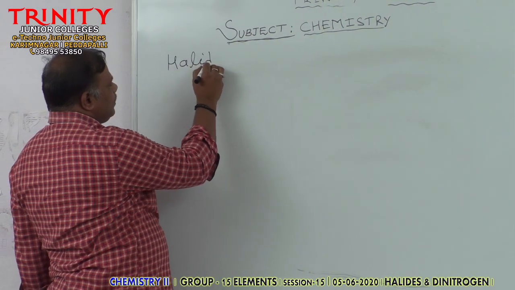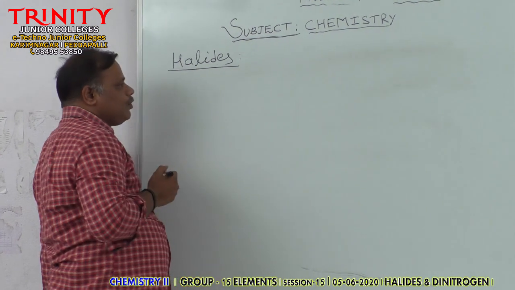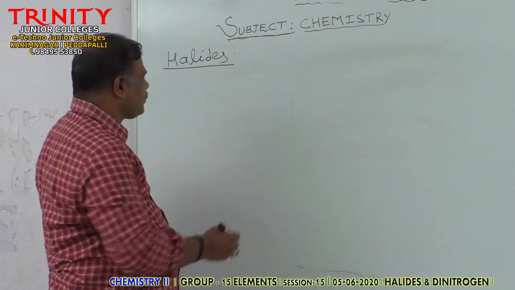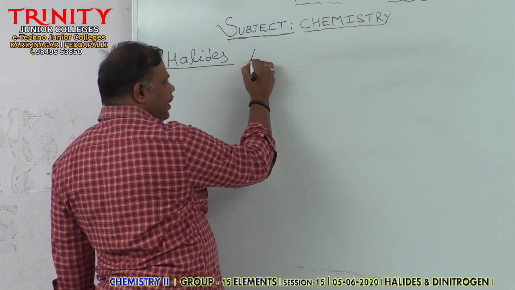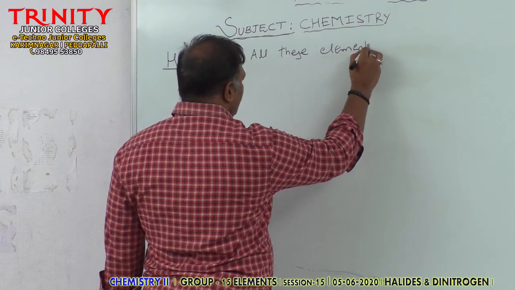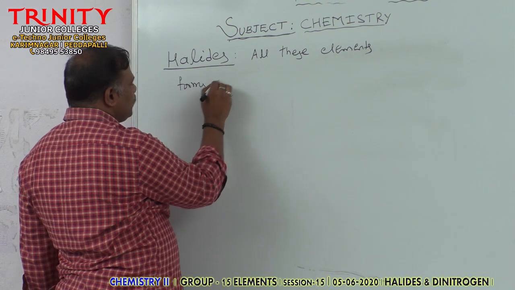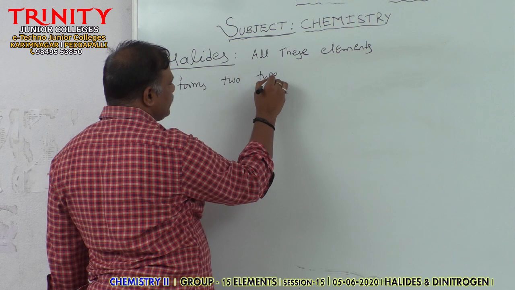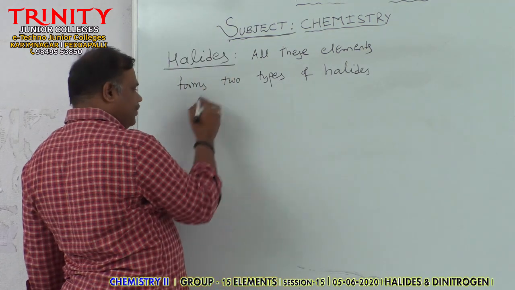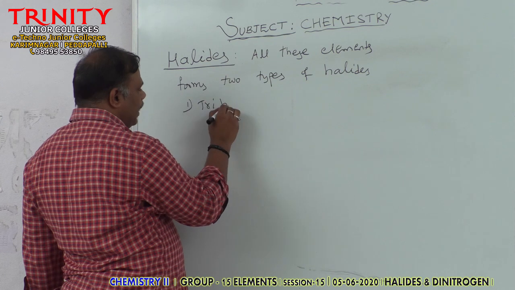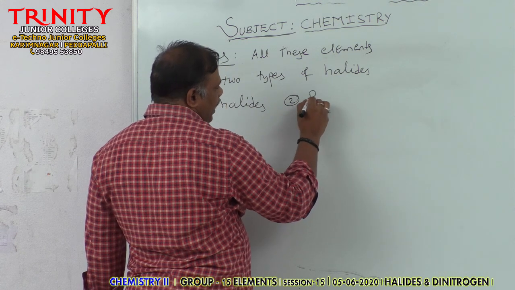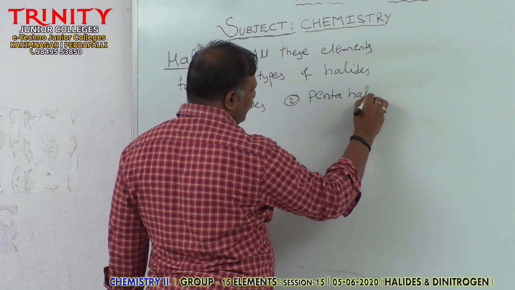Halides. All these elements, meaning group 15 elements, react with halogens to form two types of halides: trihalides and pentahalides.